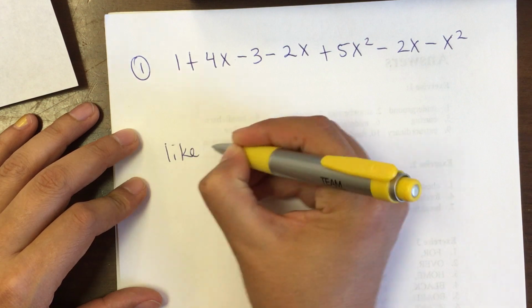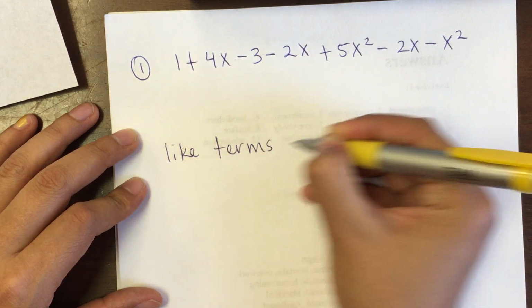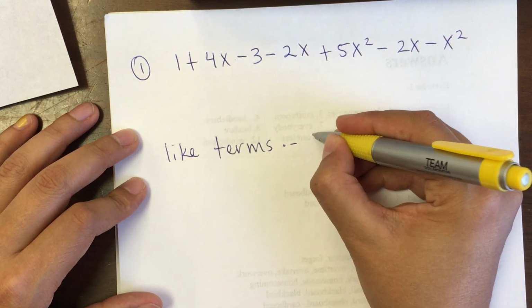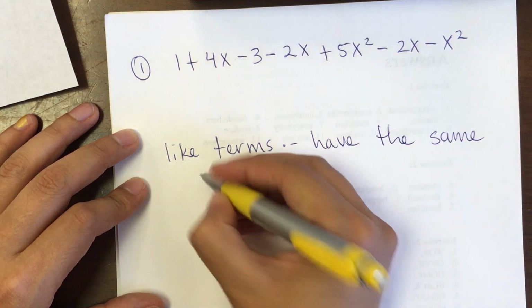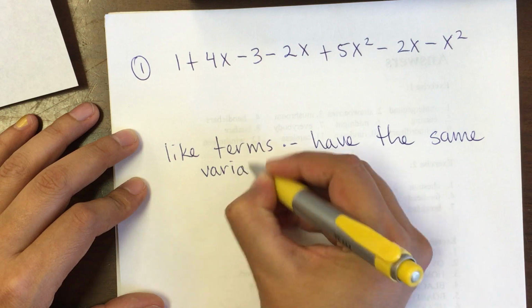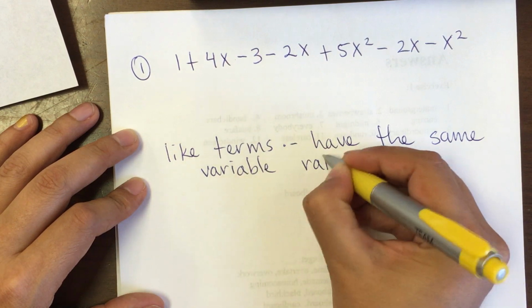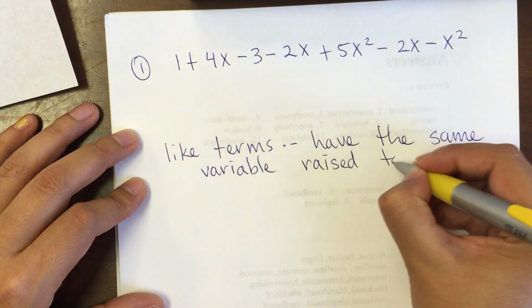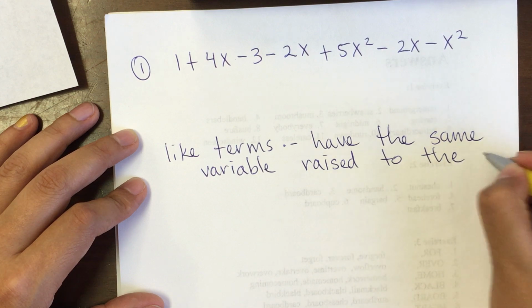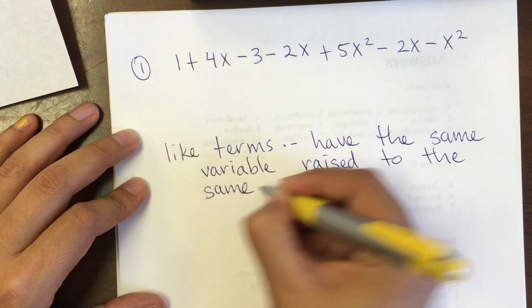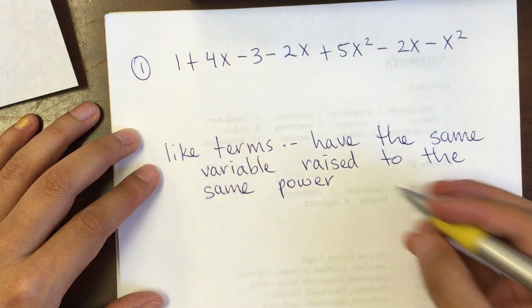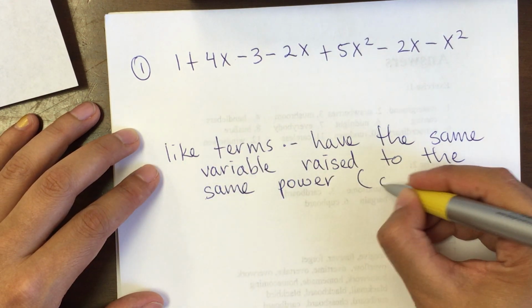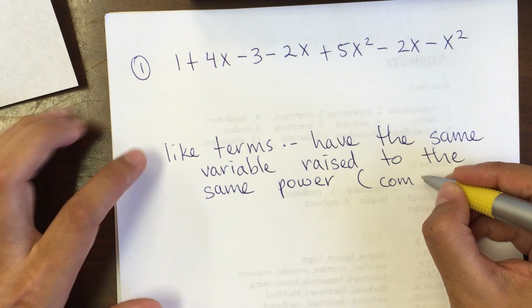Like terms are terms that have the same variable raised to the same power. And when that happens, then we can say that we can combine like terms.